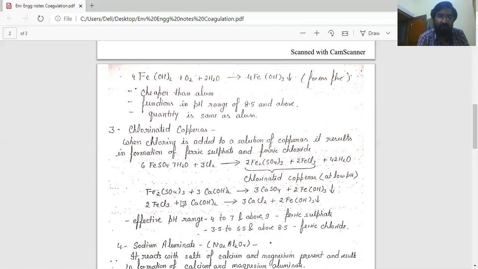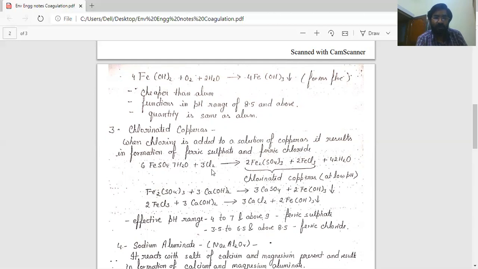Now Fe2(SO4)3 plus 3Ca(OH)2, reacting with lime, gives 3CaSO4 plus 2Fe(OH)3, the precipitate at the bottom. And 2FeCl3 plus 3Ca(OH)2 gives 3CaCl2 plus 2Fe(OH)3, which settles down at the bottom of the tank.